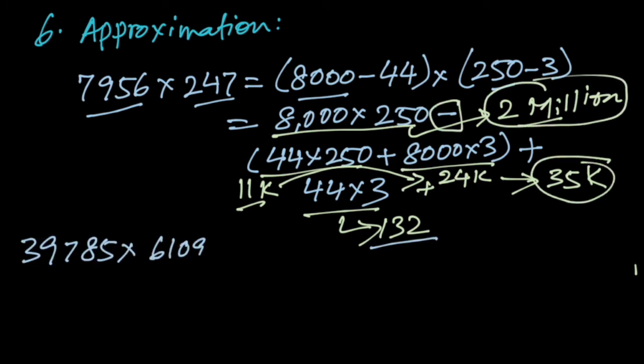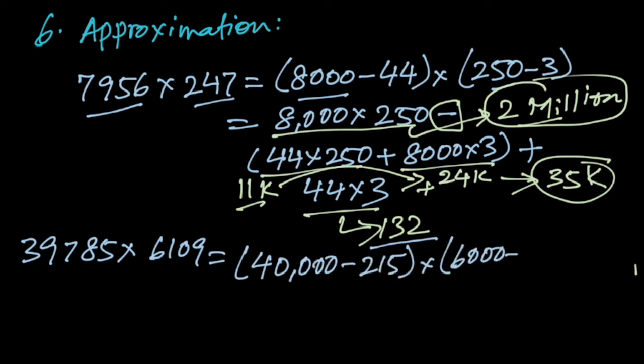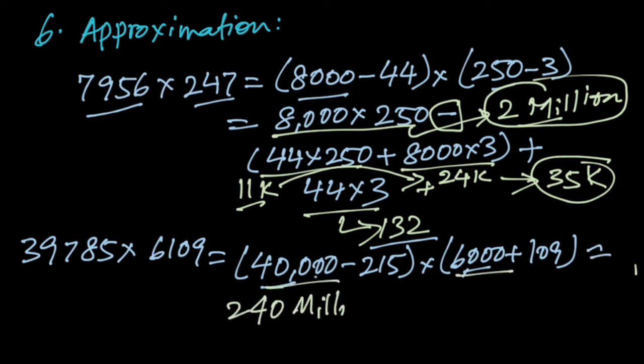Now let's take one more example. Here one number is slightly less than 40,000 and the other number is slightly more than 6,000. So these two numbers together make 240 million. Then one number is going positive, the other number is going negative.